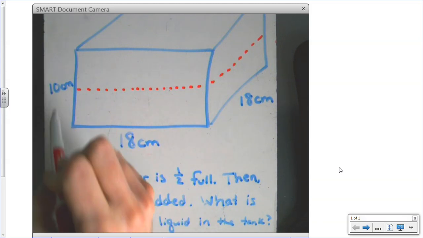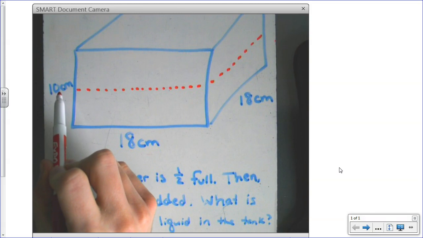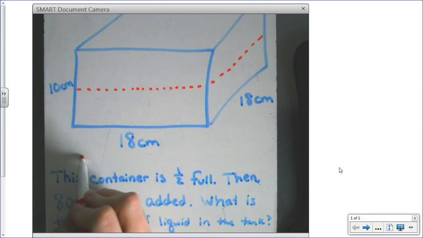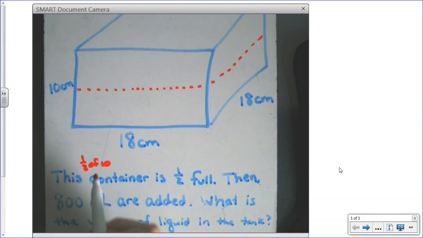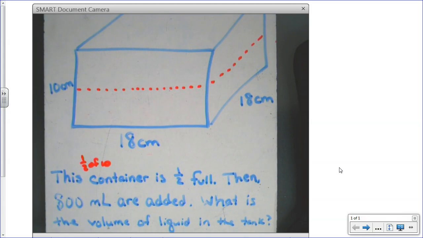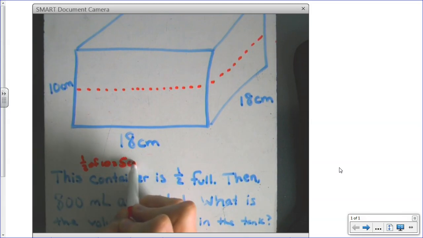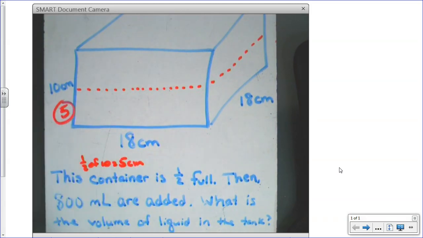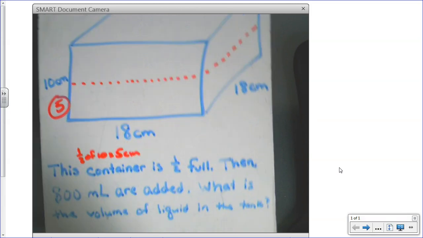So if it's half full, I'm not filling the height of 10 centimeters up completely. I'm going to think, okay, half of 10, because I think about my height being half full, half of 10 equals 5 centimeters. So I'm not going to use 10 centimeters. I'm going to think about 5 centimeters. And that's how much is in my container.